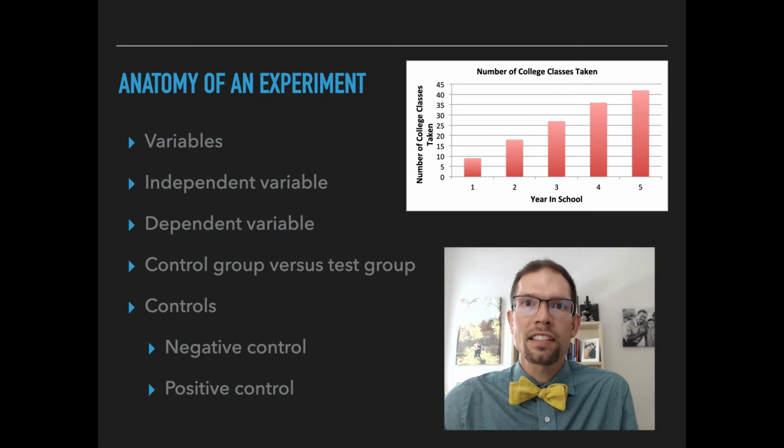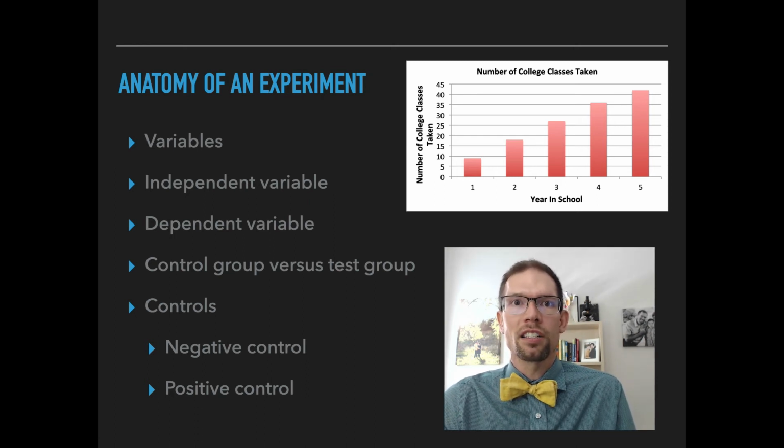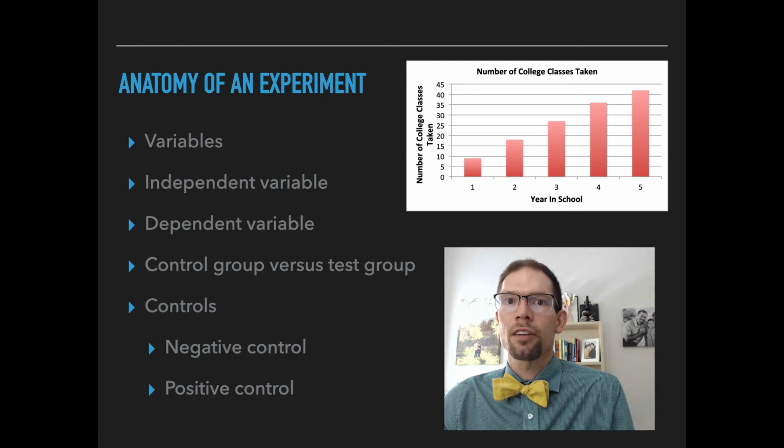So your x-axis is the independent variable. That's the thing that I'm looking at in between each of these groups, while the y-axis is the outcome that we're measuring. So in this case, I think you would conclude that the independent variable is having an effect on the dependent variable. The longer you've been in school, the more college classes that you would take.